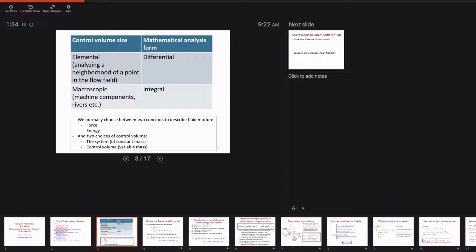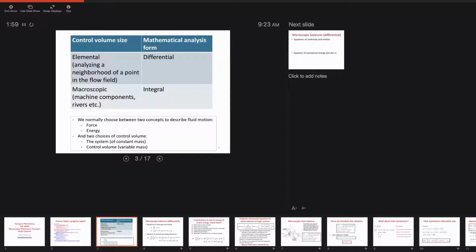So we have a location, x, y, z, and possibly time as well, and we're going to find things around that point. But the way we got to that equation was by analyzing some small neighborhood and then shrinking that neighborhood. That's how we actually get the differential equations. So the analysis that is required is differential.